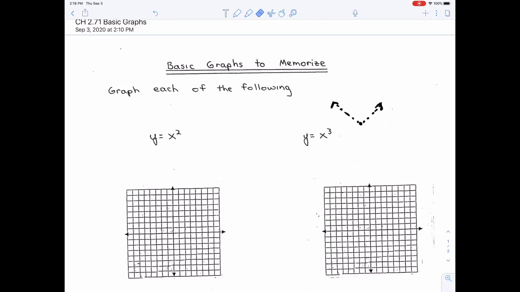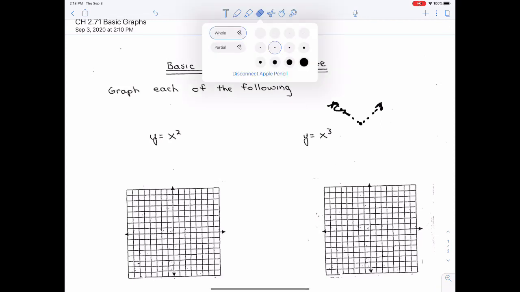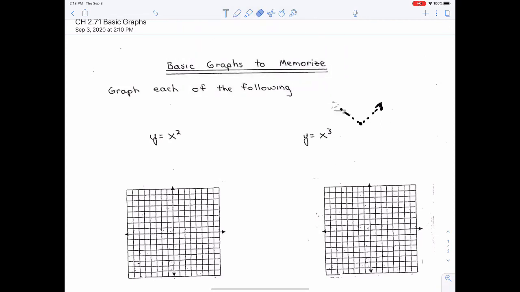Okay, well, on each of these, you need to have something to start with in order to stretch, compress, flip. In other words, you have to stretch something. You have to compress something. You have to shift something. Okay? And one of two things is going to happen. Either I'm going to hand you a graph and say, here, stretch this, compress it, shift it, reflect it.